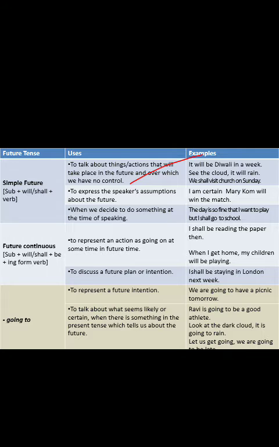Here, the example given describes that it will be Diwali in a week. Diwali is supposed to come definitely after a week. Diwali is fixed, is it not? It comes at a very particular time of the year. So to mention anything particular in the future, we use simple future.